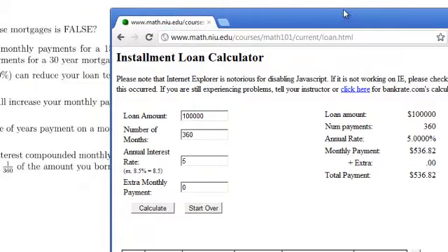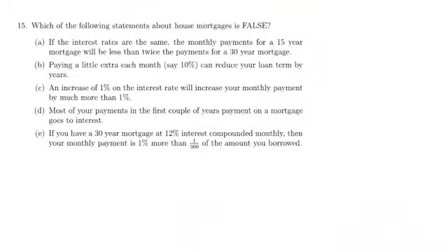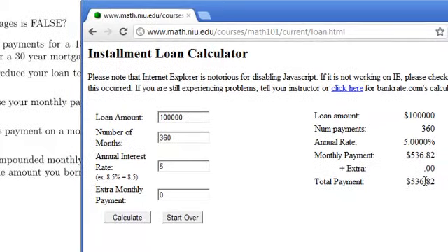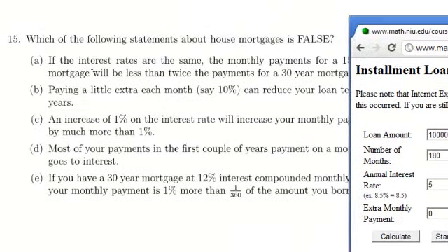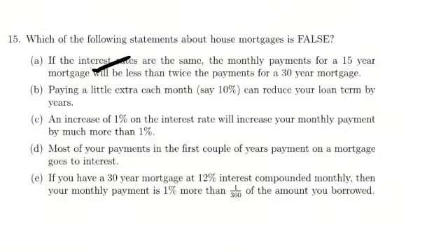If this were true, the 15-year payment would be less than twice that. If we multiply by 2, it would be about 1,080. Let's put in 15 years. Is this monthly payment less than 1,080? Yeah, it is. So A is actually true.